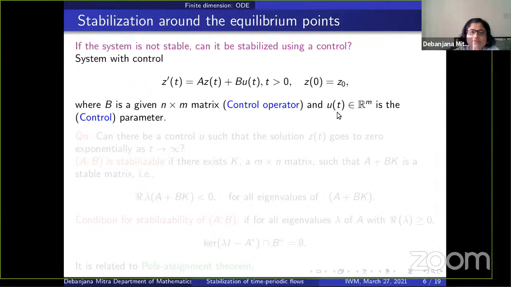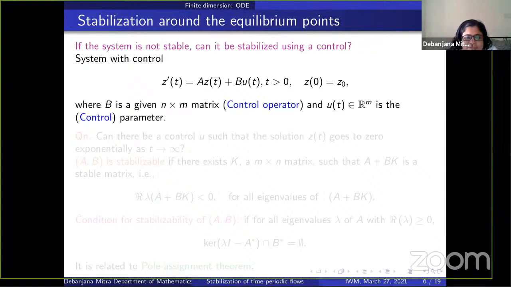You introduce an extra parameter in the dynamical system, and now you ask whether you can choose a control u suitably such that the system with the control has the stability property. That is what we define as the stabilizability of the system.